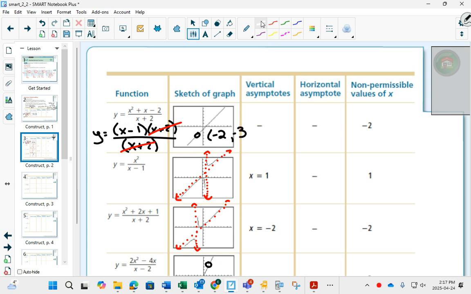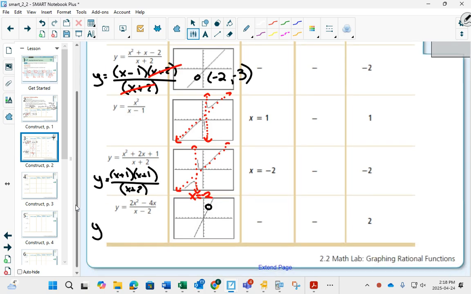If I plug in the minus 2, that would be at minus 2, minus 3. That's our hole. The next one doesn't factor, so we kept an asymptote. The next one factors x plus 1, x plus 1, but it doesn't cancel out. So we still have a vertical asymptote at, you can even label this in, x equals negative 2.